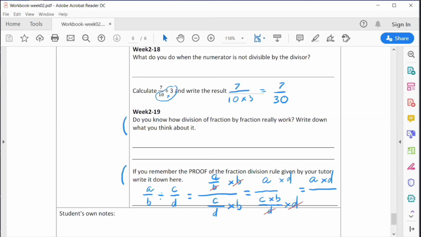So I have C times with B. Now all I need to do is to swap the place. So that equals A times with D over B times with C.